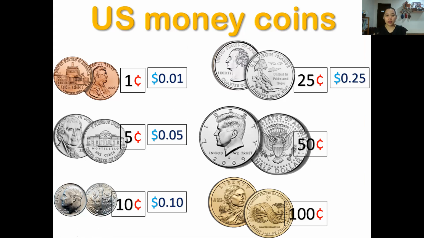For the 25 cents, for 50 cents, for 100 cents, since it is equal to $1, so you are going to write this way. So you see already a dot, that is already the decimal.